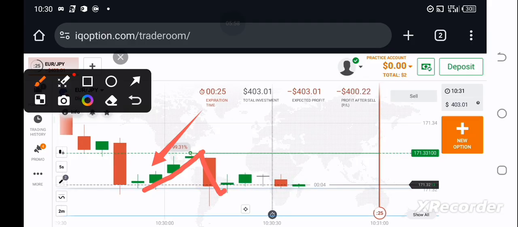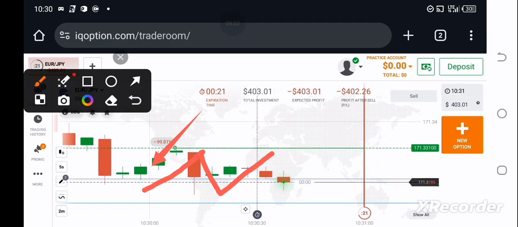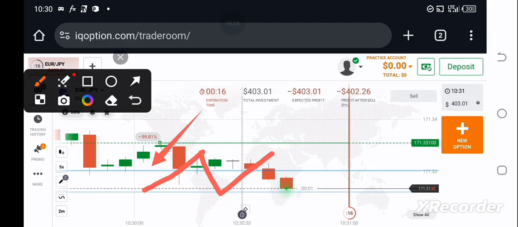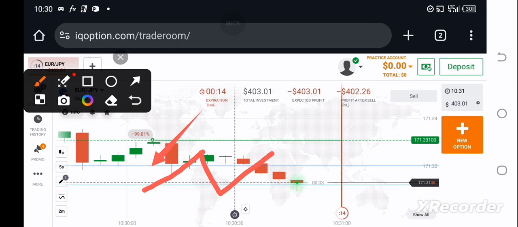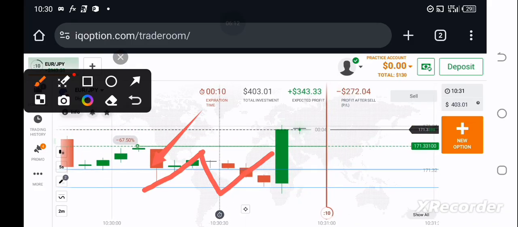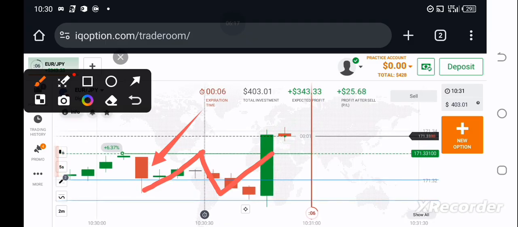Okay, like this. So this is not a reversal signal. It may work, it may not work, but I opened a position for buy because of the pattern in the market.